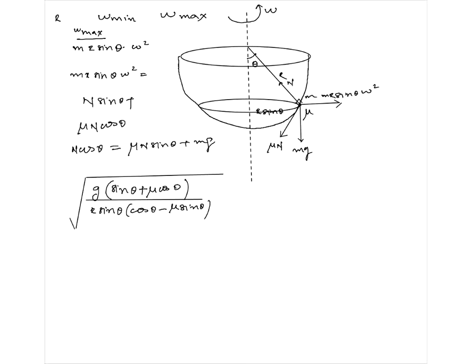Then vertical direction, friction, mu n sin theta, then normal reaction cos theta. These two will jointly be balanced by mg. You have two equations, get rid of n and find out omega. This omega is omega min. And I am writing the answer on the board.